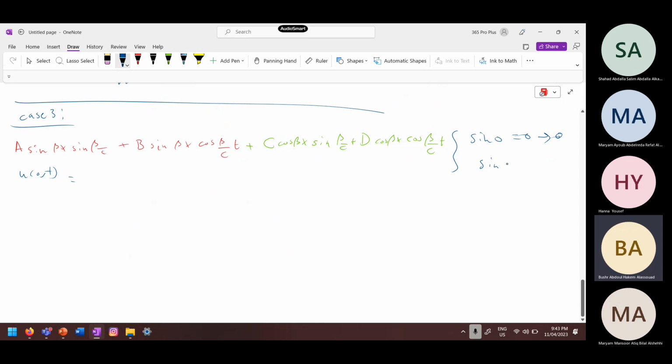As for cosine 0, it will be equal to 1. So multiplying it with anything will not change it, and will just cancel the cosine 0. This will cancel the whole constant multiplier, or the whole factor.